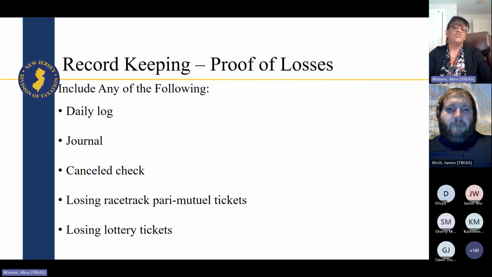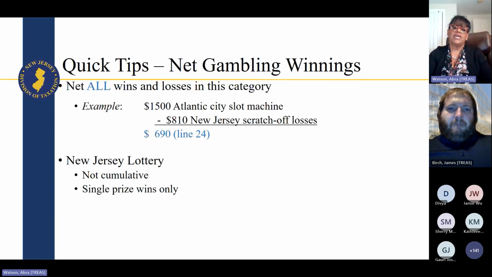So there should be some kind of daily log, a journal, canceled checks, losing lottery tickets, losing racetrack tickets, whatever they have, but they really need to have good records so that in case they're ever audited, they're able to substantiate the losses that they're claiming on the return. They net their losses and their wins, and they report the net on the return.